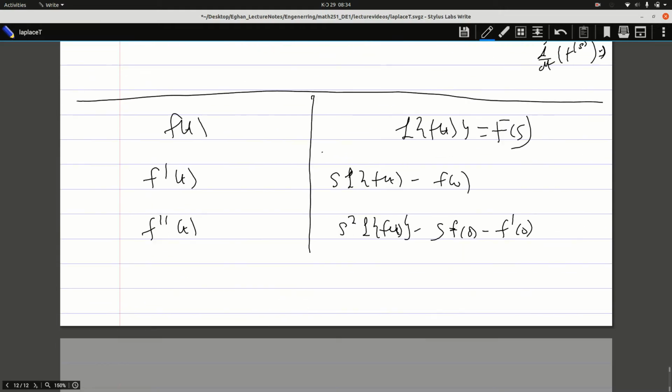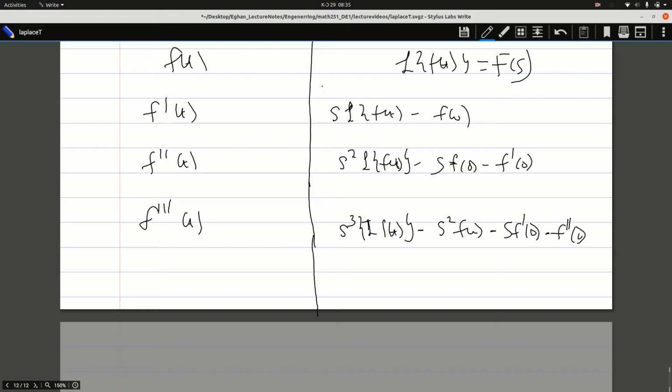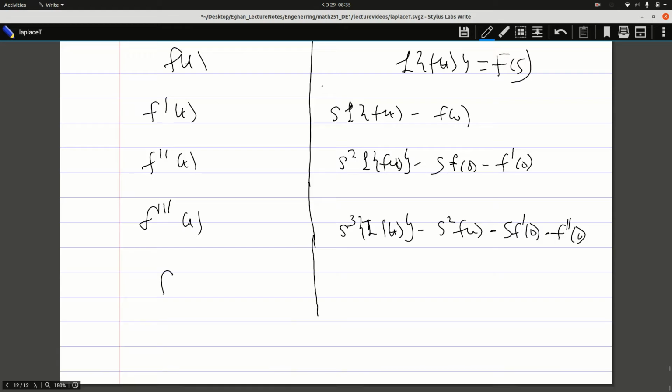When it was a third derivative, we had s cubed Laplace transform of f of t minus s squared f at 0 minus s f prime at 0 minus f double prime at 0. Do you think you can write the fourth one? So what do you think the fourth derivative of f of t would be?